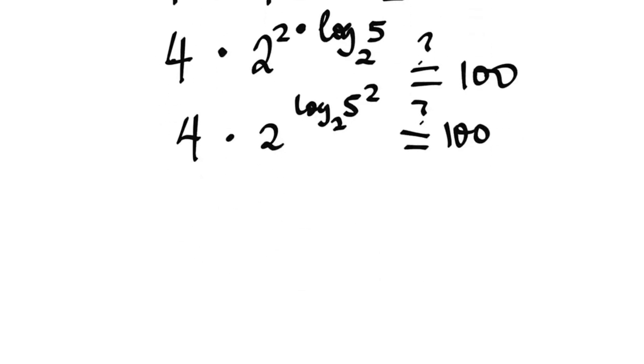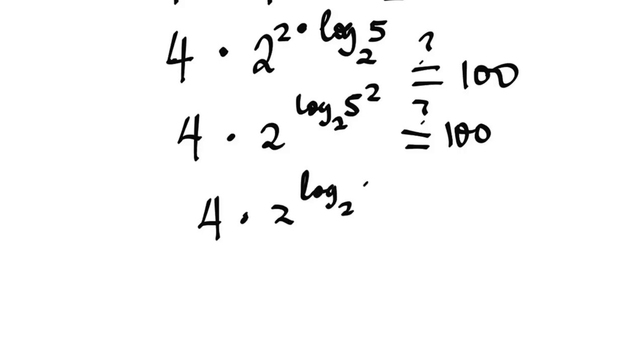So we're going to have 4 multiplying 2 to the power of log base 2 of 25. It will just give us 100.